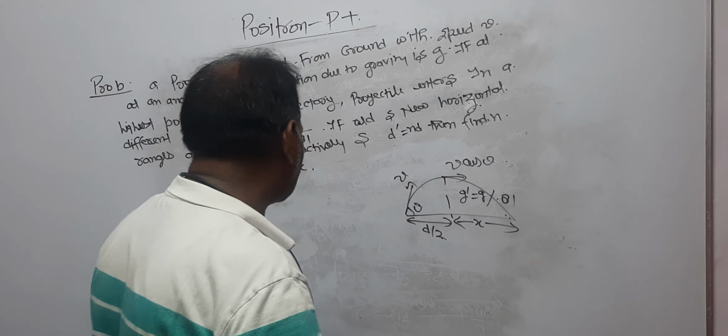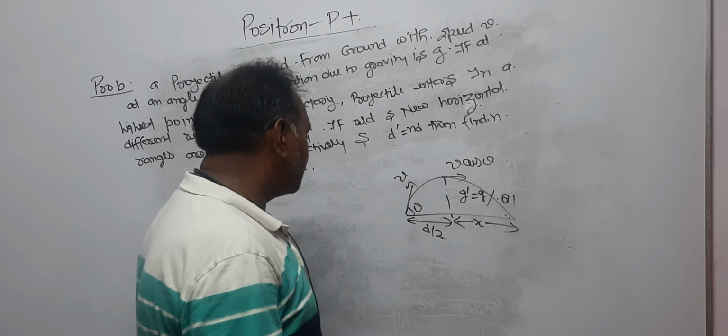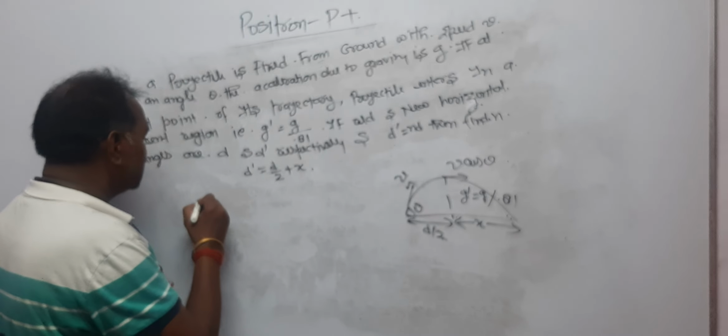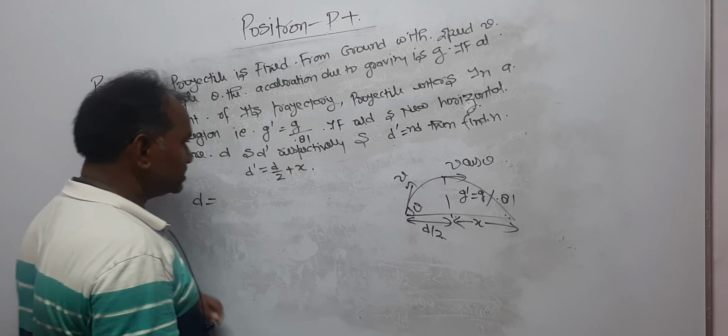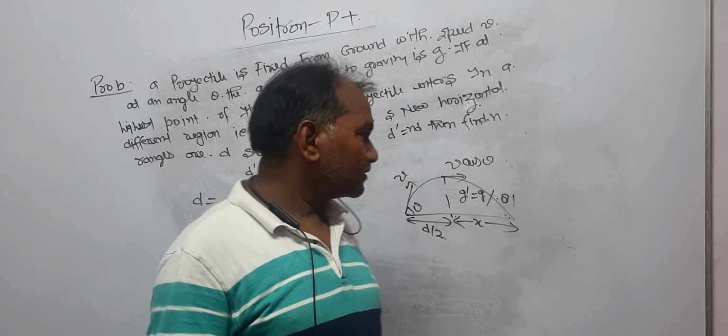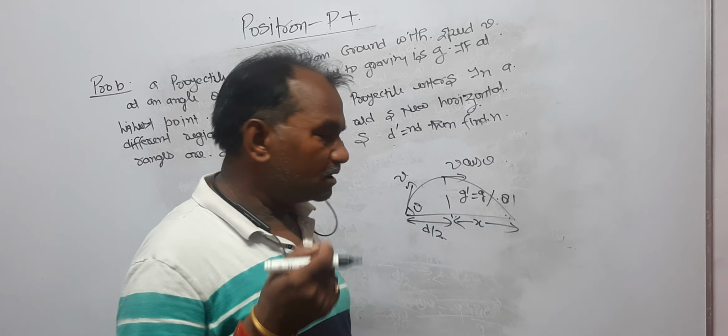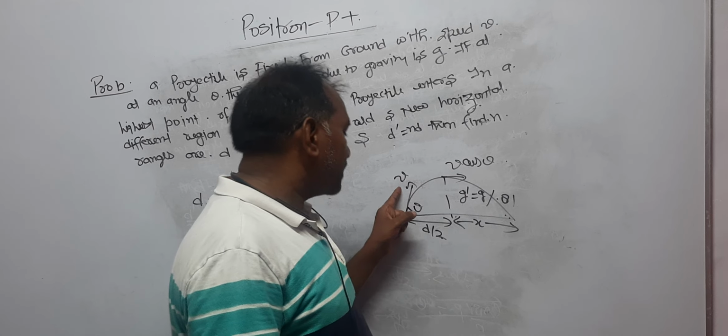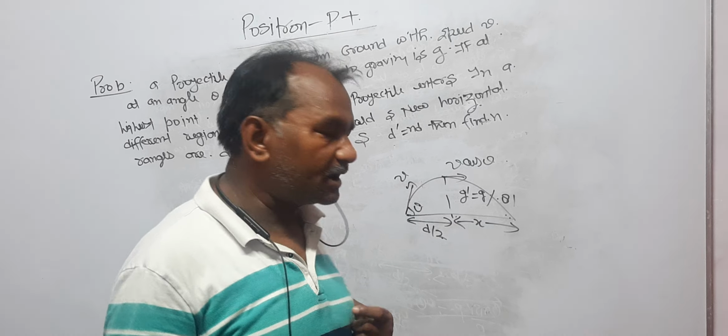Now dear students, we have to find d by 2, so first the total horizontal range of a projectile fired with velocity v at an angle theta.